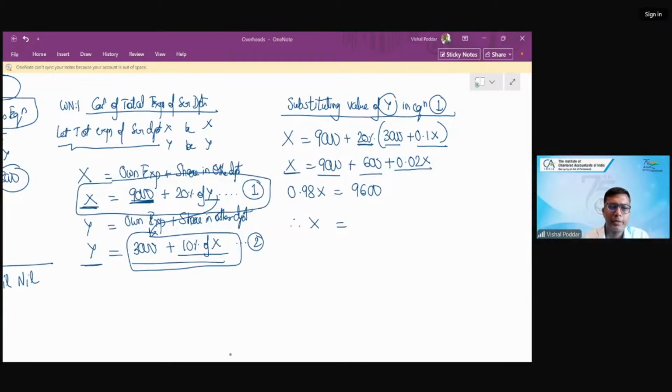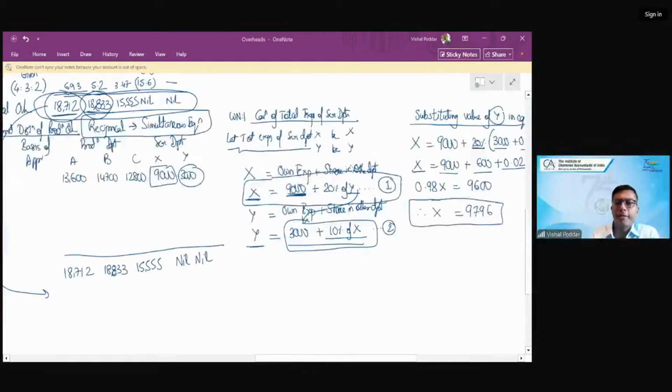Yes, correct. So I am getting the value of X as 9796. Yes. Good.